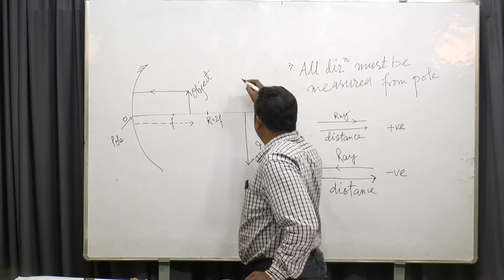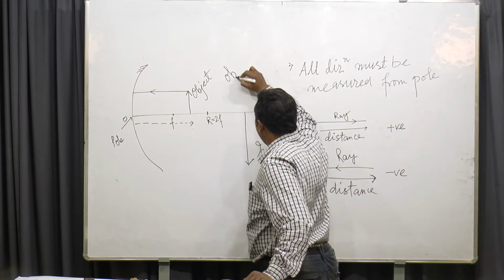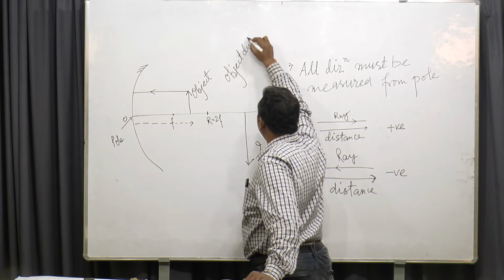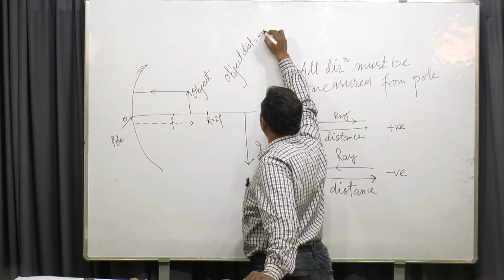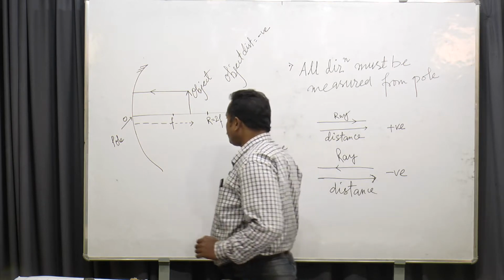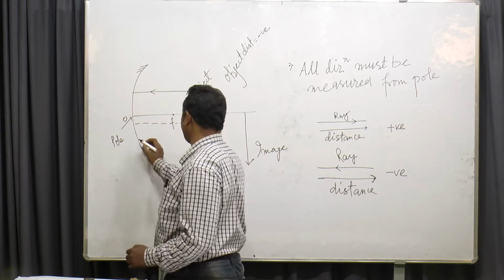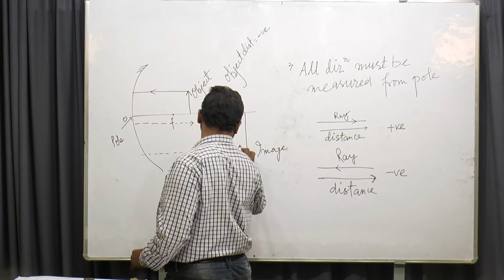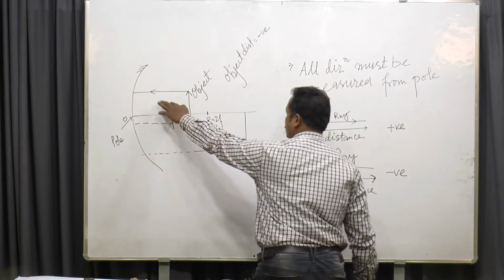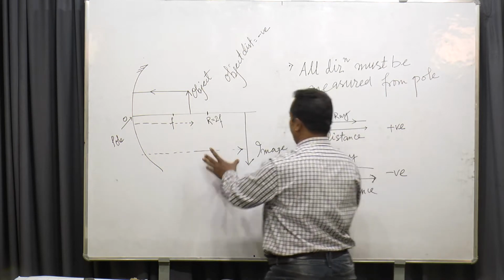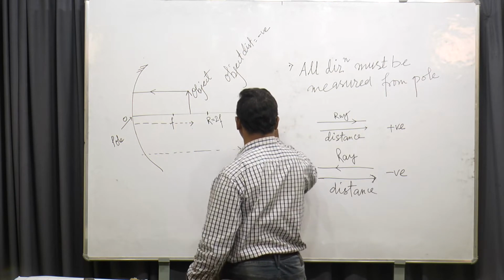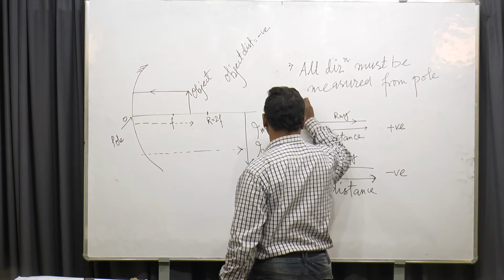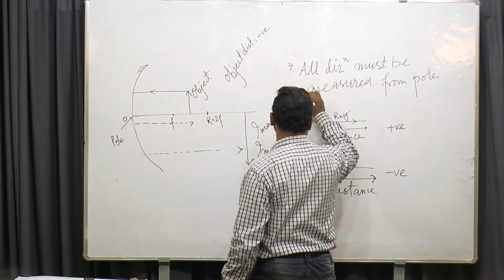So the object distance in this case is negative. Now about image distance, the same thing. I am going from the pole, and again it is opposite to that of the incident ray. So the image distance is also negative.